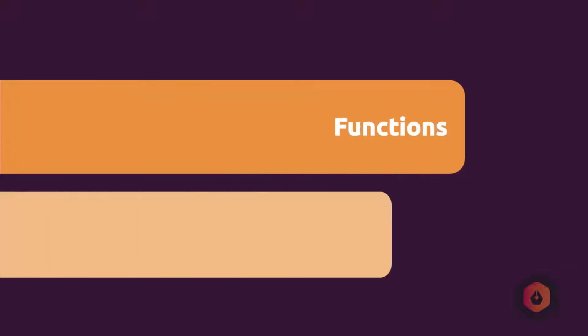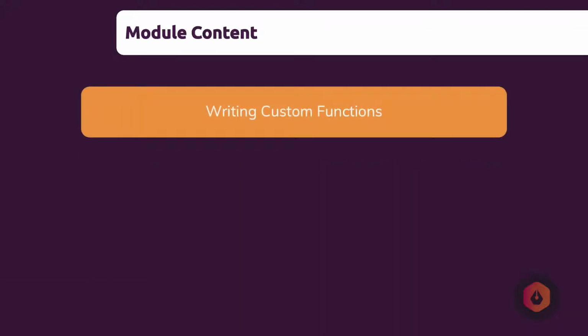It's time to move on and dive deeper into Go. In this course section, we are going to explore functions. We are going to explore this key Go feature and learn what exactly functions are and how we write custom functions.